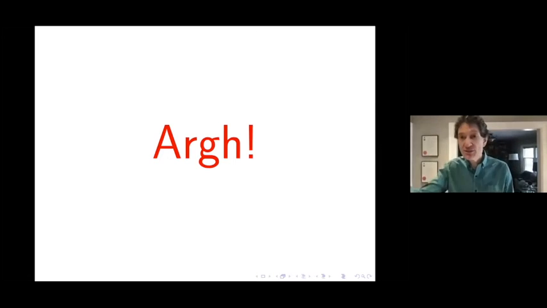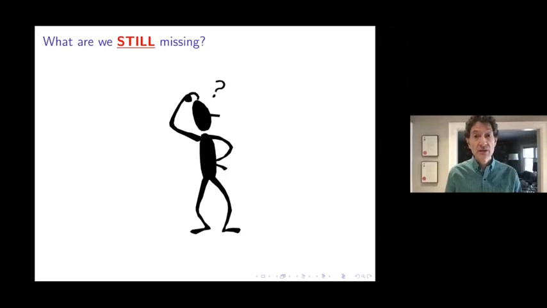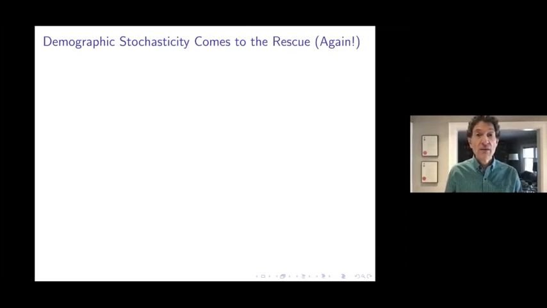As mathematicians, we scratch our heads and try to figure out what could be missing in our model, or what it is that we're missing. Are we missing something in our model, or are we missing something in the analysis? So remember that the first step in changing the SEIR model was to realize, oh, wait a second, it's not a deterministic process.